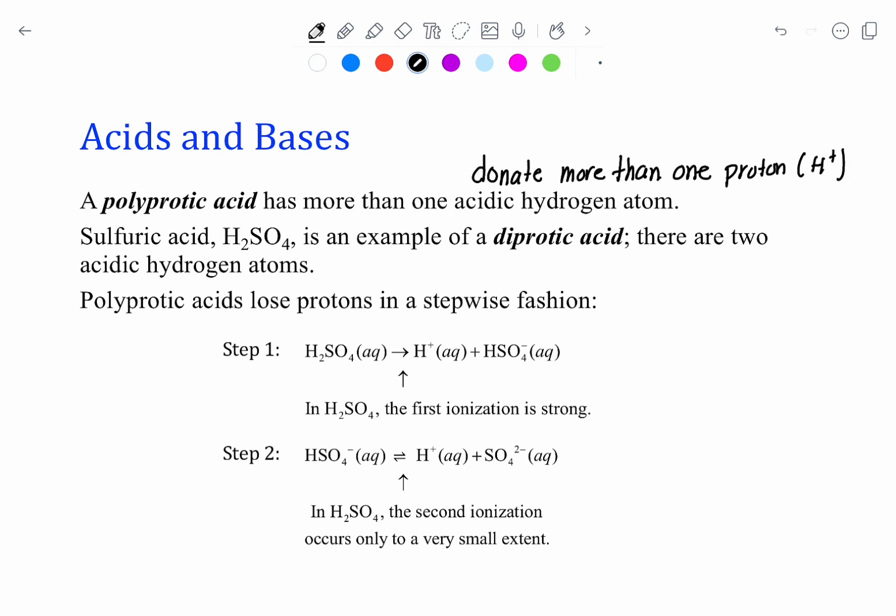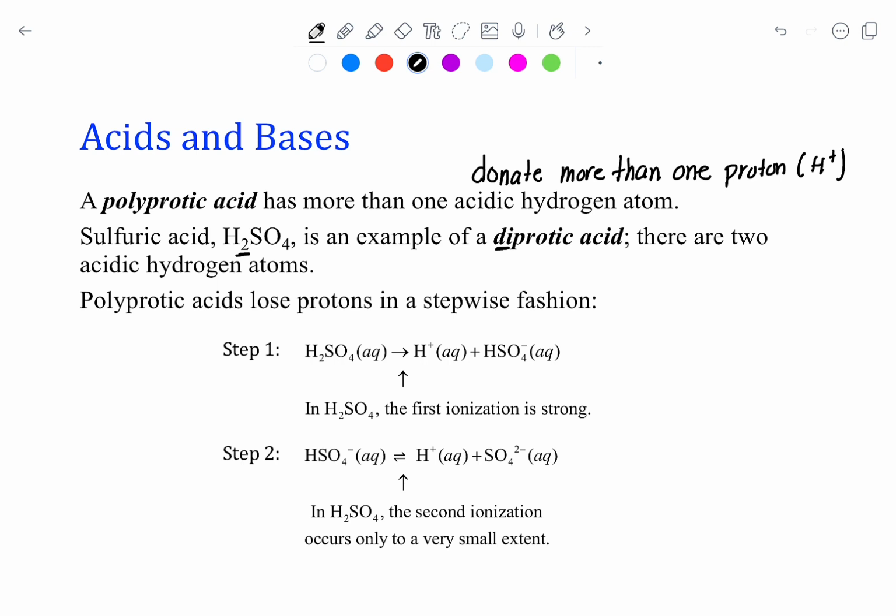So acidic hydrogens are protons that can be given away. Sulfuric acid, H2SO4, is an example of a diprotic acid. Di meaning 2, we get that from the 2 on the hydrogen of sulfuric acid. So there are 2 acidic hydrogen atoms in sulfuric acid.